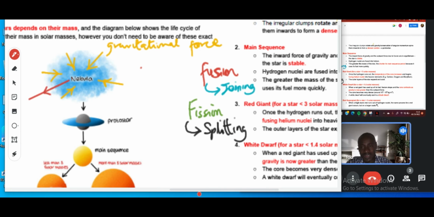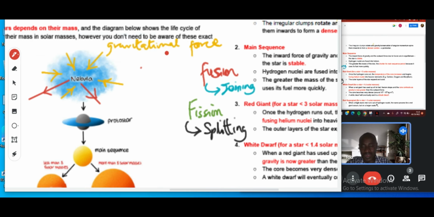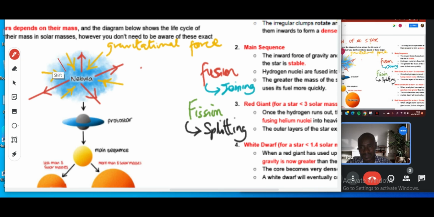And I'm going to represent it with this one. You may need to scroll a bit to the right, to see what I'm representing. These ones I drew in red are forces produced as a result of the fusion taking place at the center, the core of the nebula.